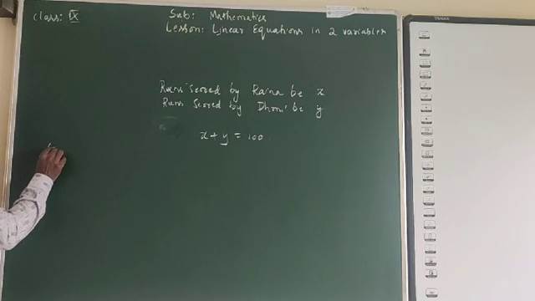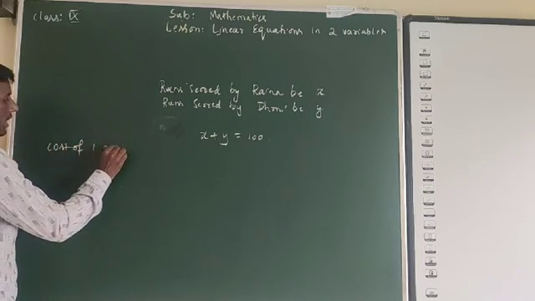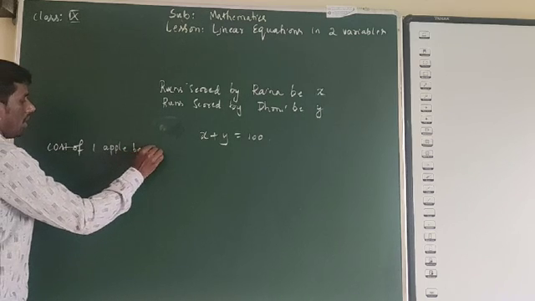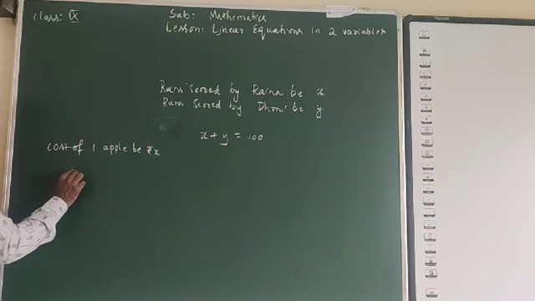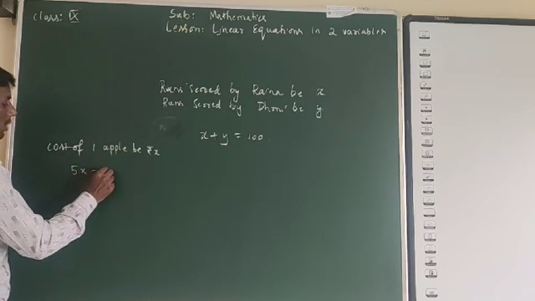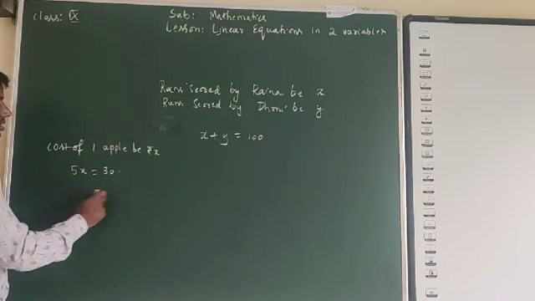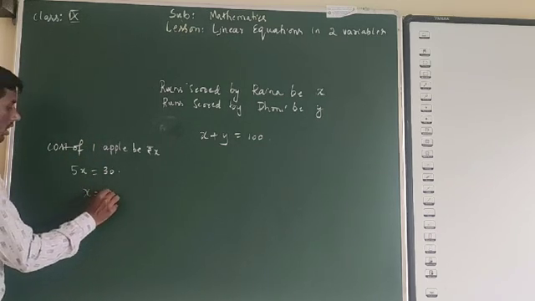Let me take the cost of one apple as rupees x. Then from the equation we know that the cost of 5 apples, that means 5 into the cost of each apple, will be rupees 30. So this is the equation. To solve this, keep the x here only and 30 on the other side.